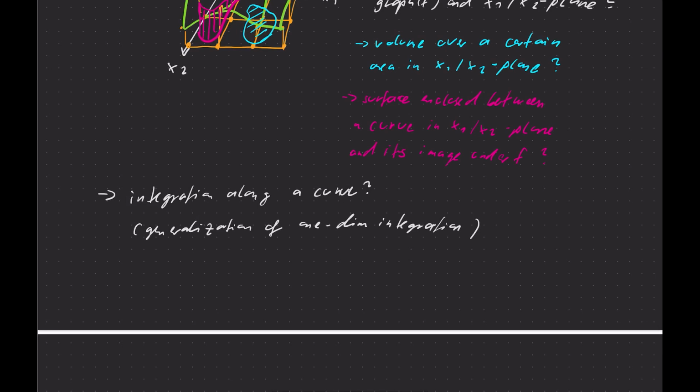An integration along that curve of the function along that curve will give me the total energy spent during a hike. Okay, so for example, that might be important if you want to know something like the energy spent for a hike in the mountains.